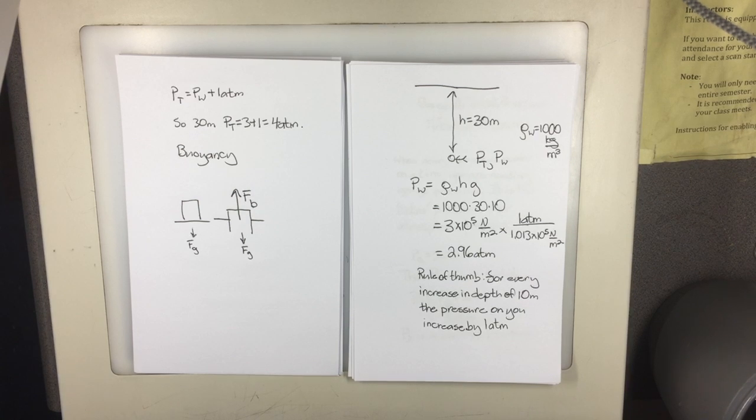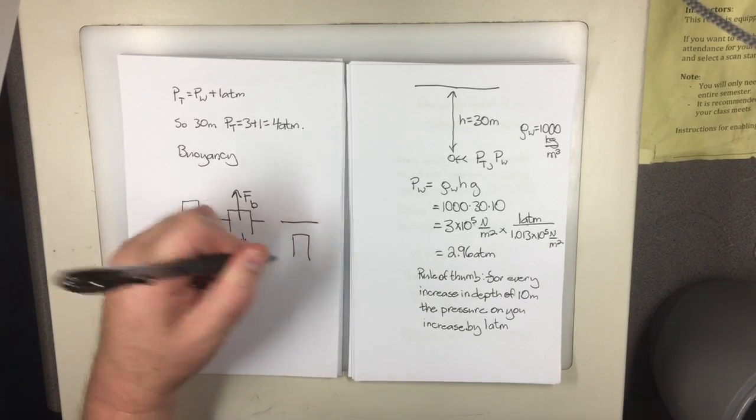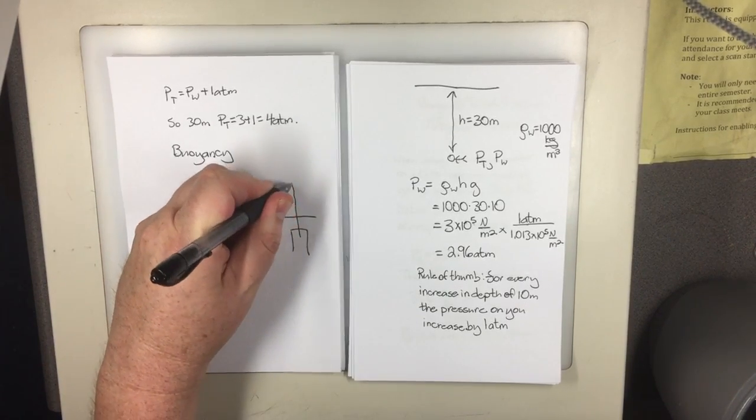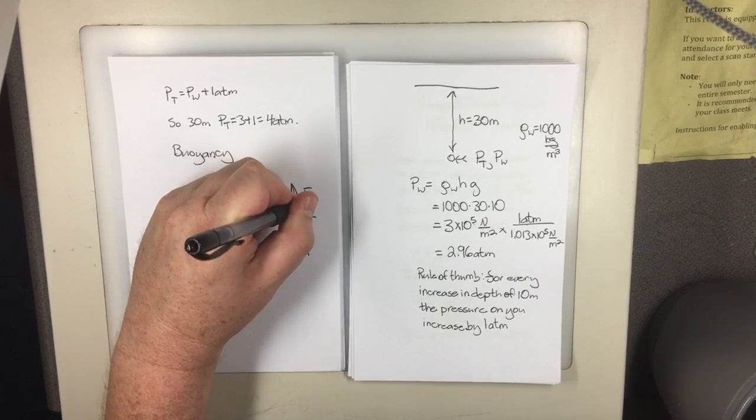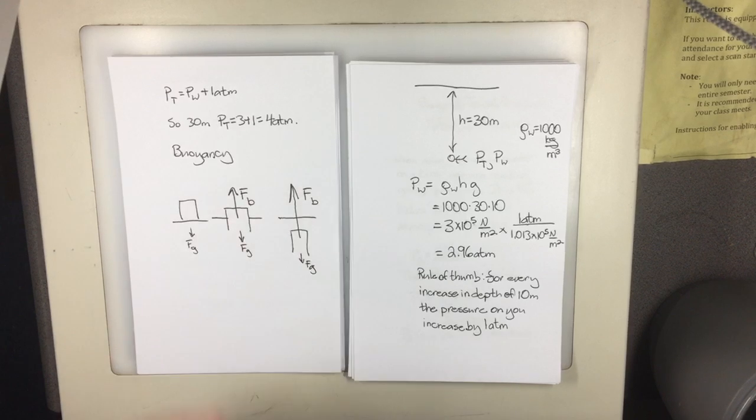The pressure increases, or the force increases, until if you manage to get that thing completely submerged, that's as big as a buoyant force that you're going to get. If you can get that thing completely underwater, that's as hard as it's going to be.